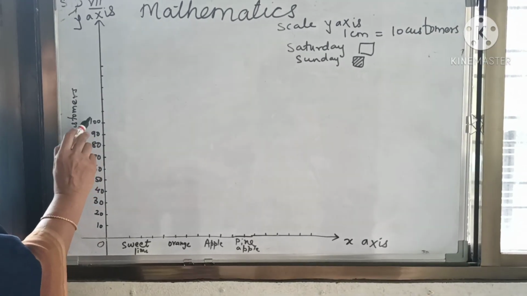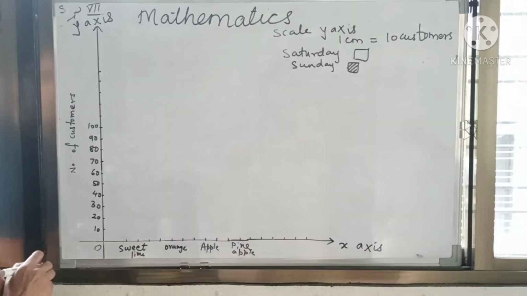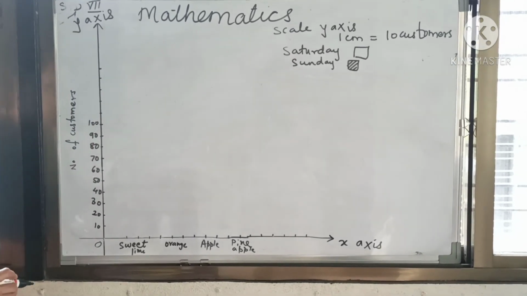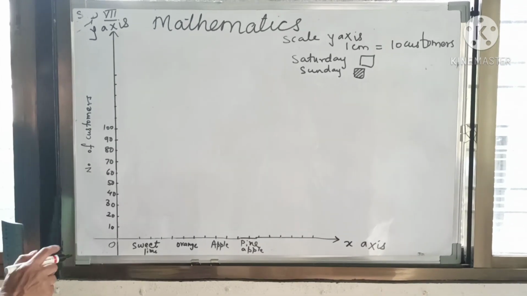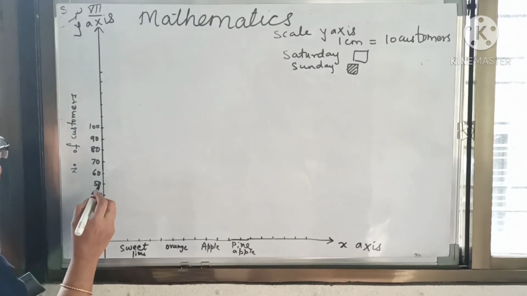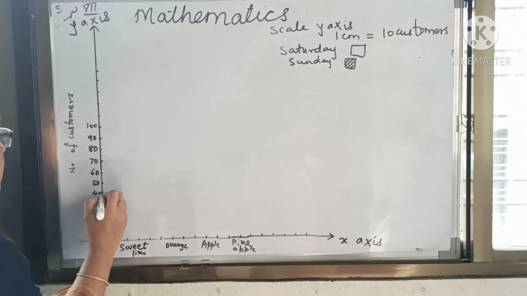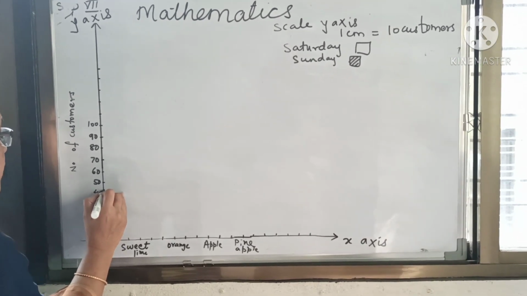So up to 100 I have marked on the y-axis. So the number of sweet lime juice consumed is 43 and 59. So here you can just mark 43 over here.